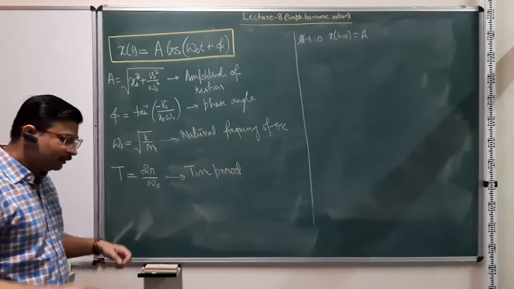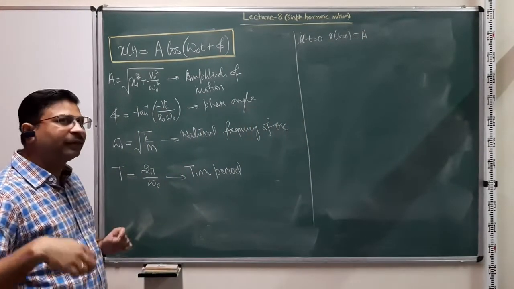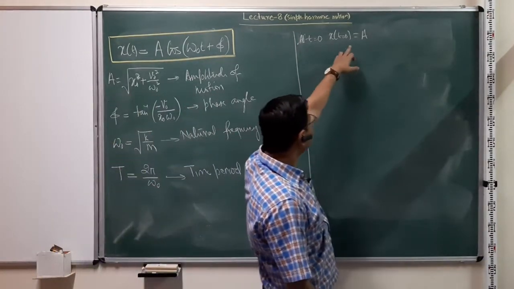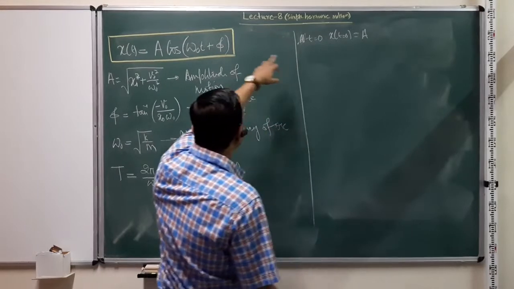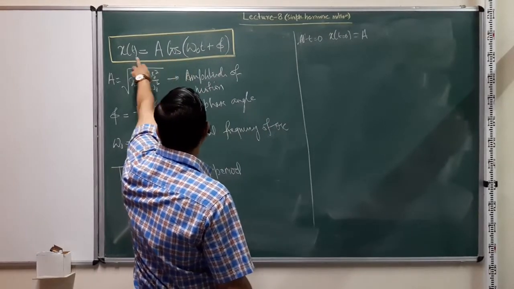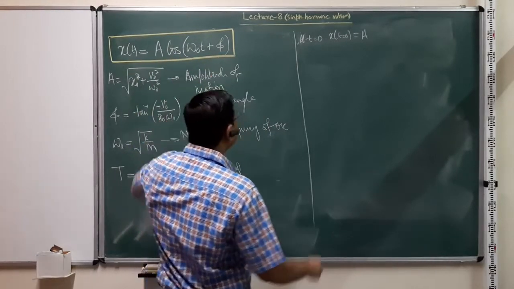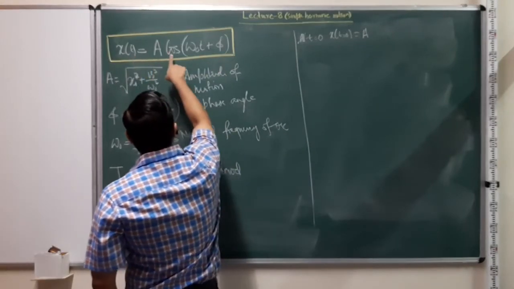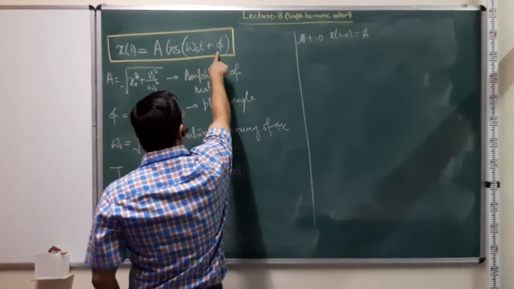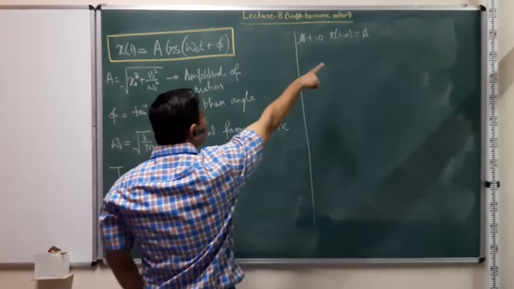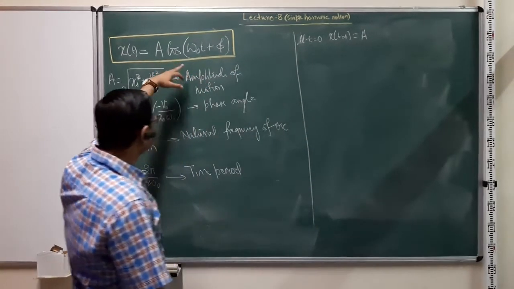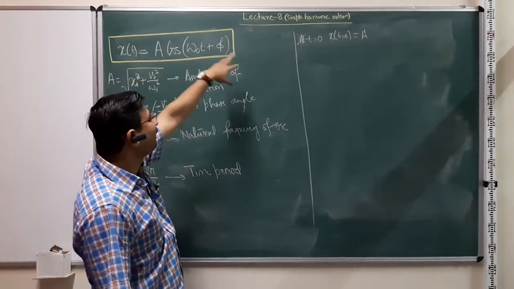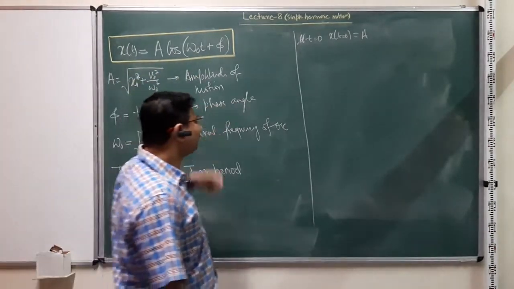That means that to begin with, the particle was at one of the extremes in its motion. Then x at t equal to 0 is A cos phi, since this term goes to 0, and since this is the amplitude, that means cos phi equal to 1, and cos phi will be 1 when phi equal to 0.